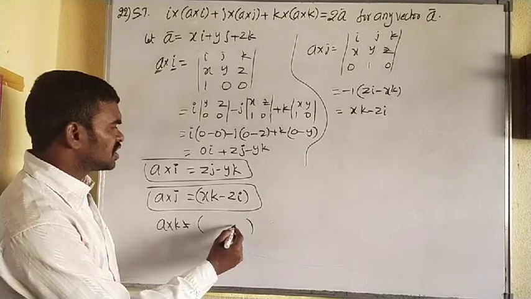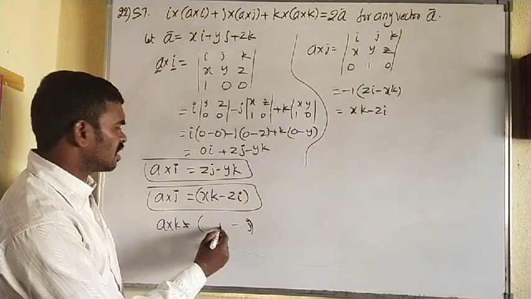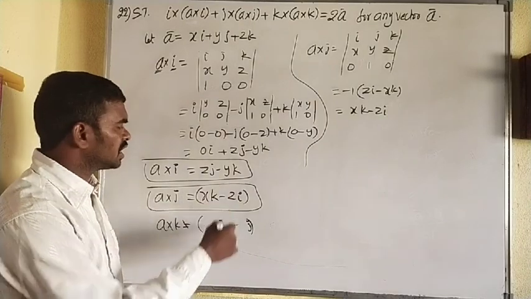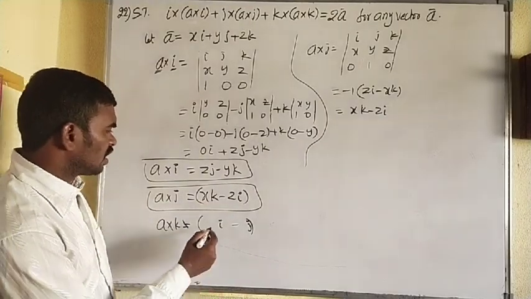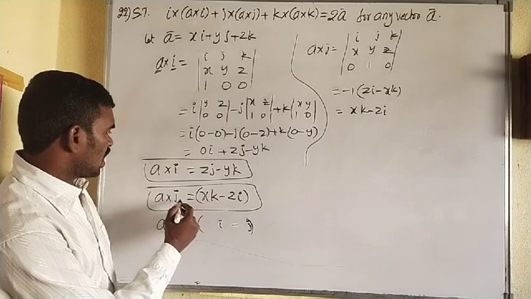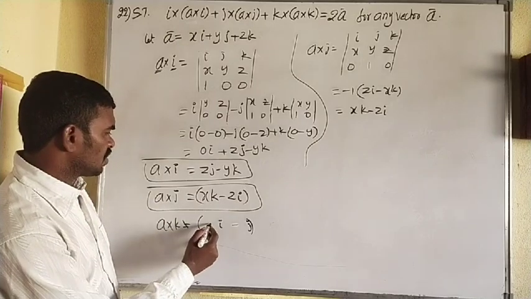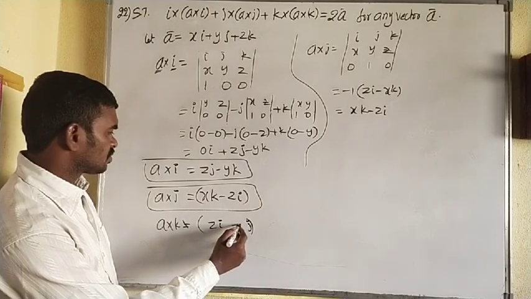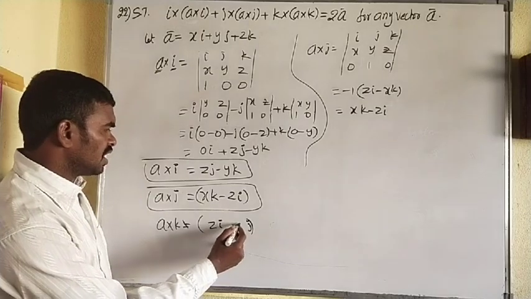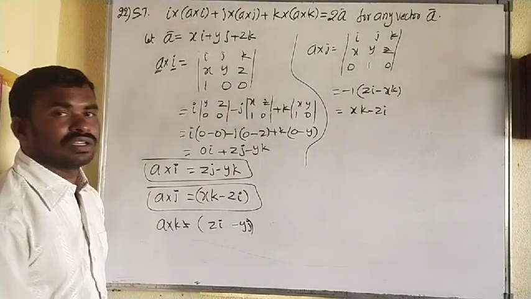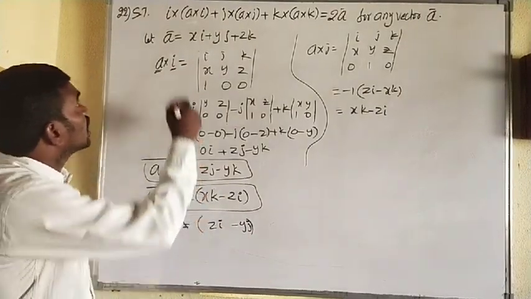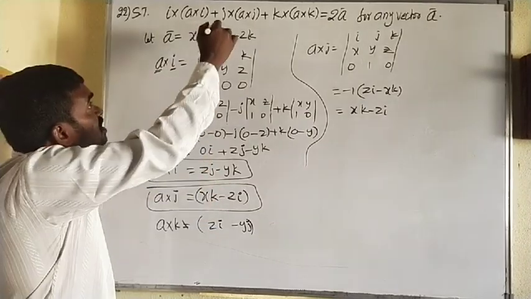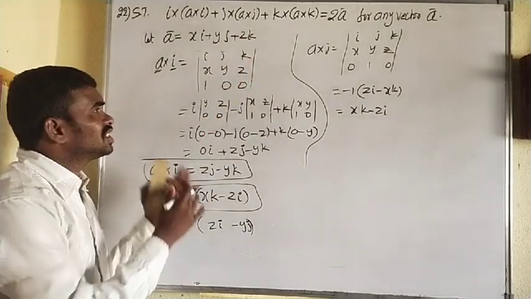In this, j term is minus, I term is positive, by comparing these two we can say. Next, what about I cross j? Here z, here y, and then substitute in LHS, simplify, you get 2a. So this becomes a big method.